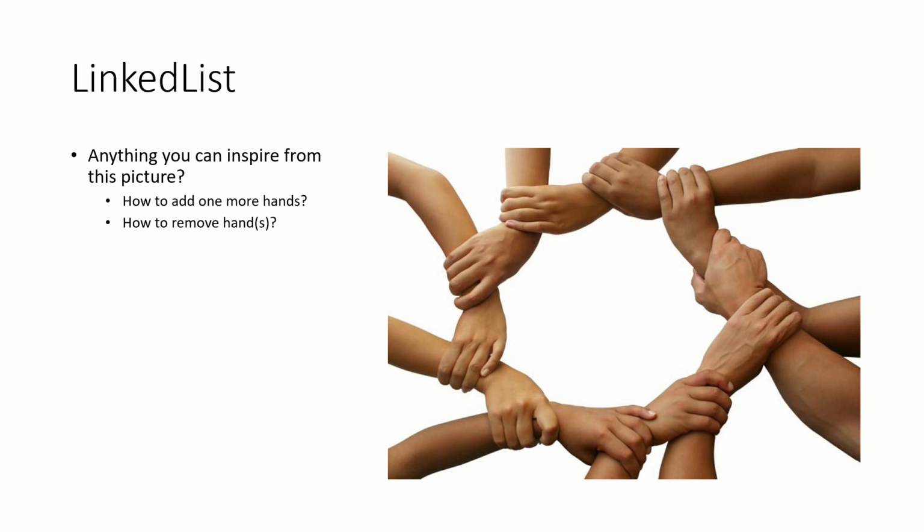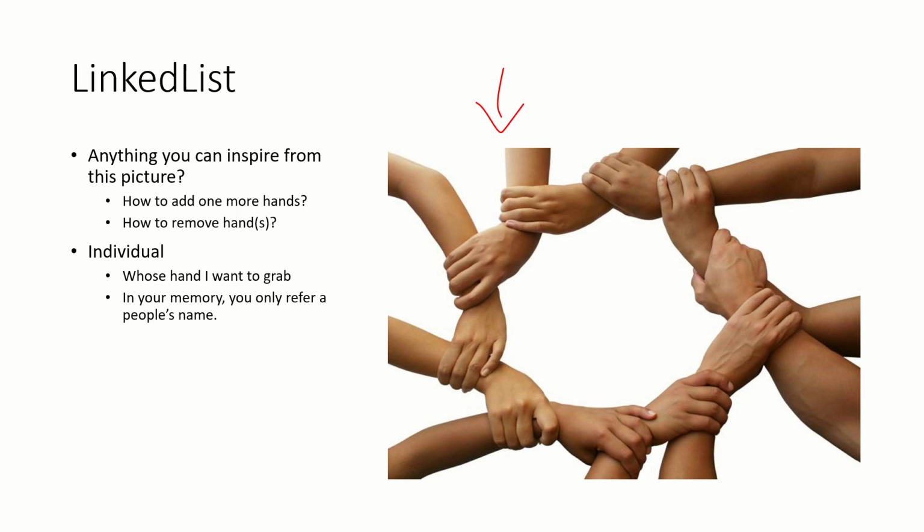So we come up with this example. If people grab each other's hand together, the only thing they need to know is whose hand they want to link, right? So the example, something like this is David's hand, okay?